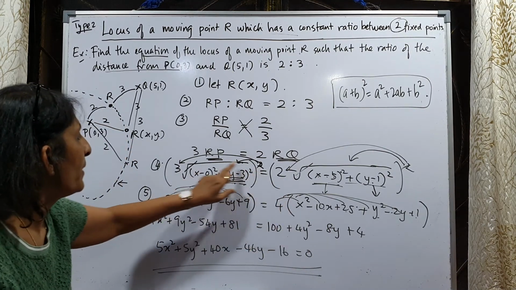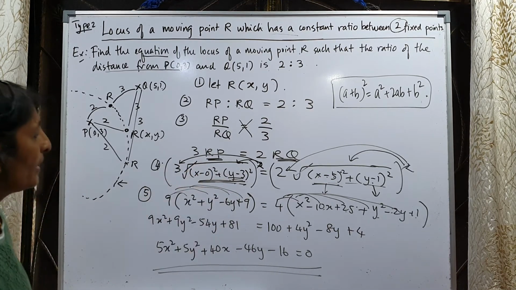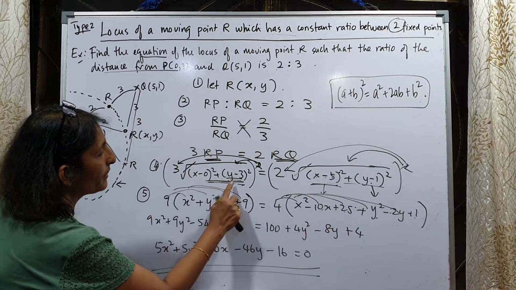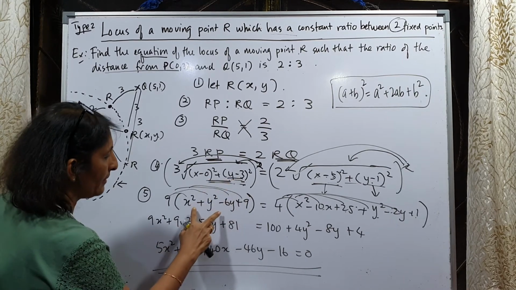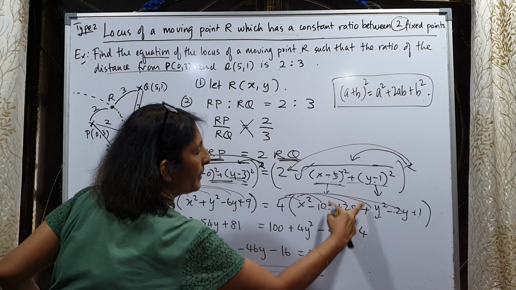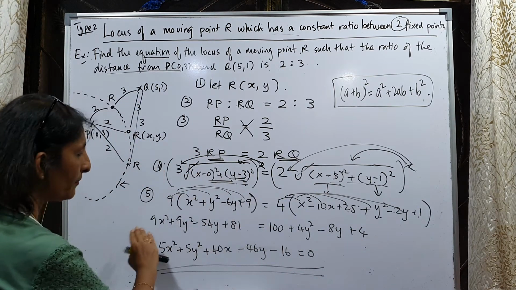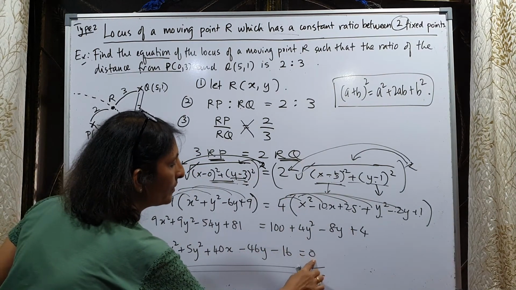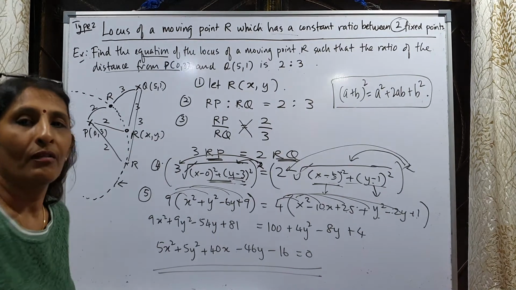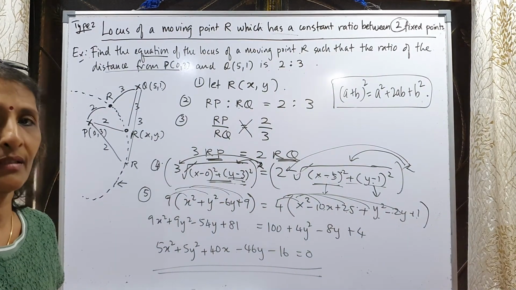Then the square and square root will cancel each other off, and you're only left with all these brackets inside to expand. Expand all the brackets using this formula and bring everything to the left, and equals to 0 on the right, and that's your final equation of the locus.